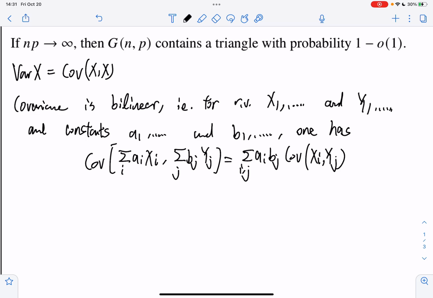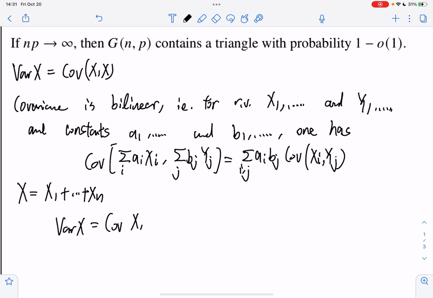We are often dealing with X being the cardinality of some random sets. Then we can usually write this as a sum of indicator functions, such that X equals the sum of all the X_i. And we'll have the variance of X is the covariance of X with itself, and it will equal the sum over all i and j from 1 to n of the covariance of X_i, X_j.